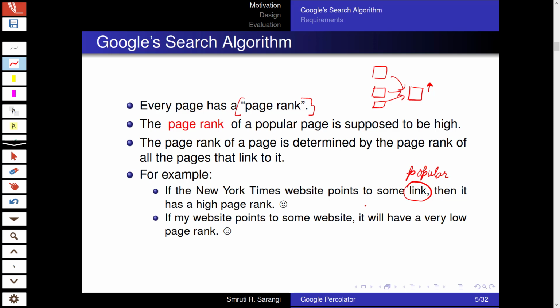And of course, if there are many people like me who point to that other page, then that other page will also have a very, very low page rank. So essentially, page rank is like a self-serving metric where if popular pages point to a page, then the page rank of that page is high, and so on and so forth. And if less popular pages, even if they point to other pages, they don't contribute much when it comes to page rank.